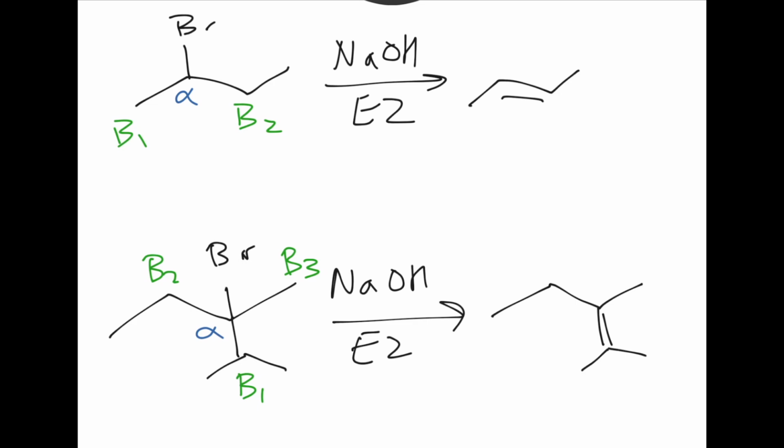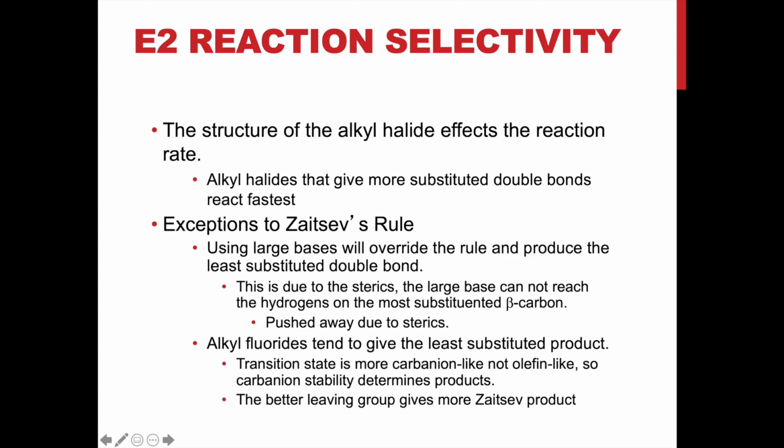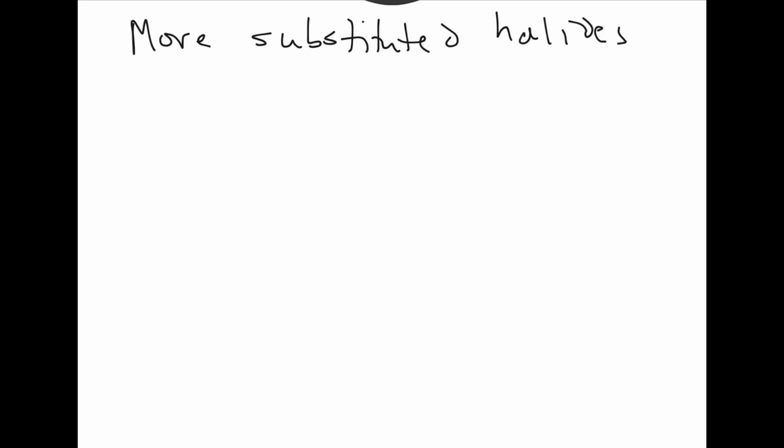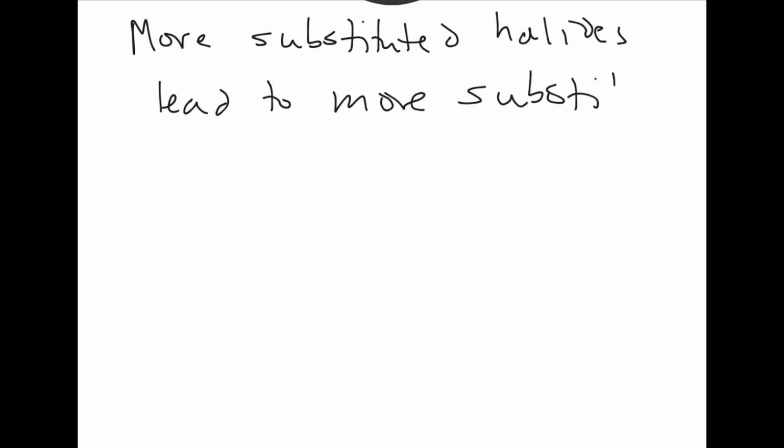Right. And there's another thing we need to think about for E2 reactions, and that's the type of halide. More substituted halides lead to more substituted double bonds.